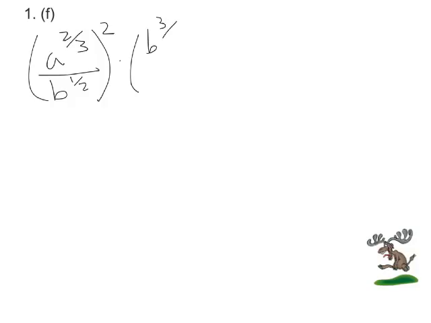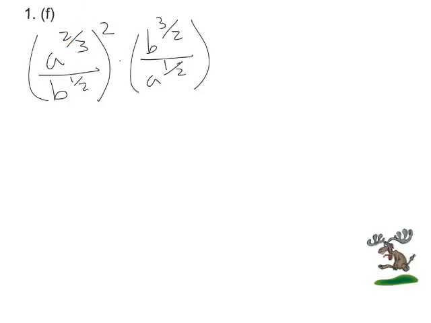All right, the last one, 1f. What we have is a to the 2/3 over b to the 1/2, and that is all being raised to the second power, and then we have b to the 3/2 over a to the 1/2. And the first thing I'm going to do is distribute the 2 in.